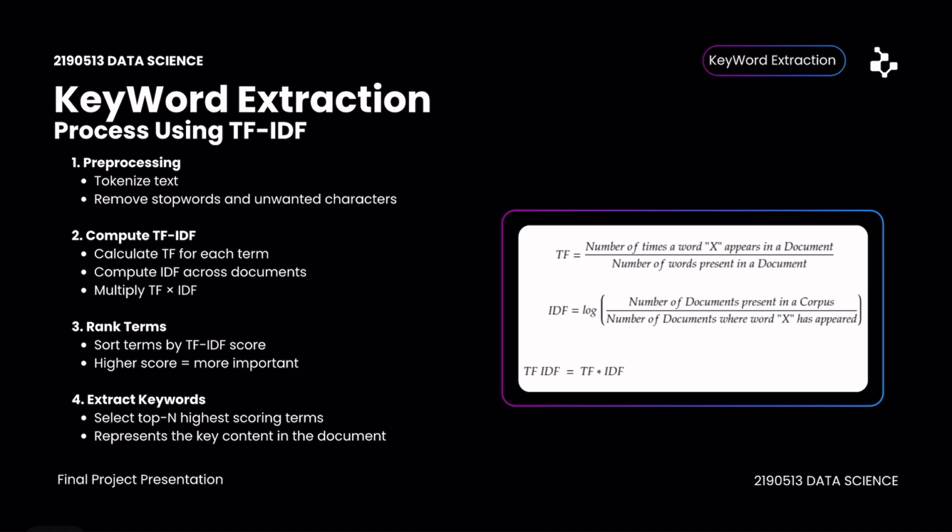Multiplying these two values gives us the TF-IDF score, which tells us how important each term is. After that, we rank the terms based on their TF-IDF scores. A higher score means the word is more relevant to the document. Finally, we perform keyword extraction by selecting the top scoring terms. These become the keywords that best represent the document's content.